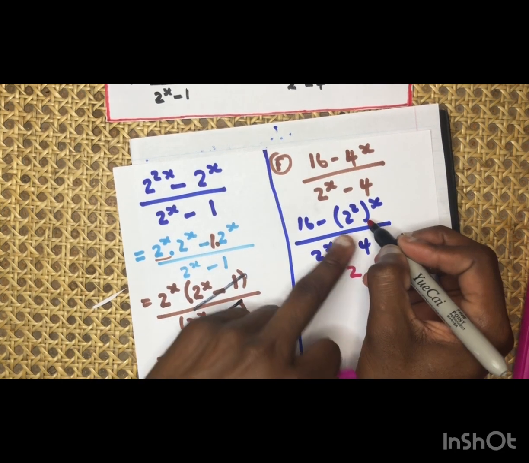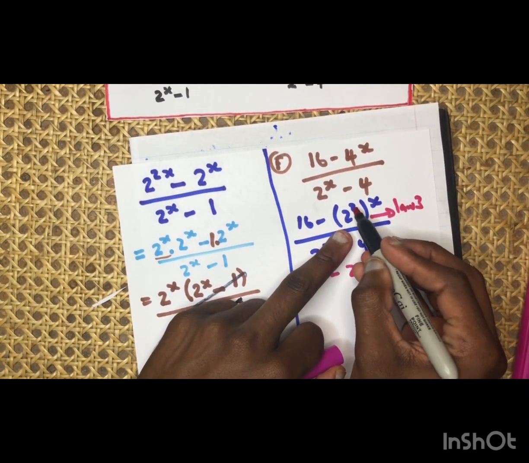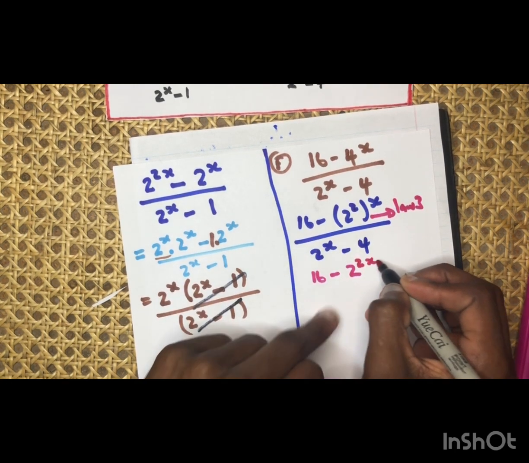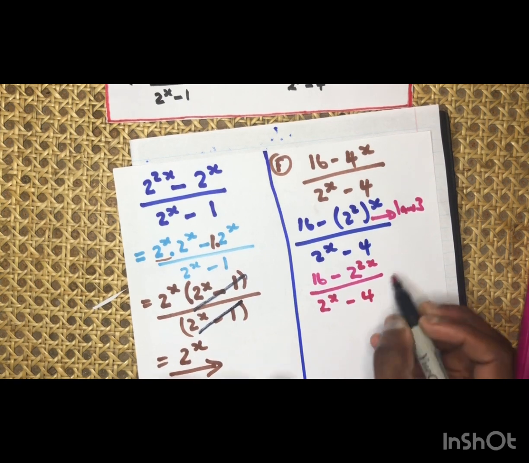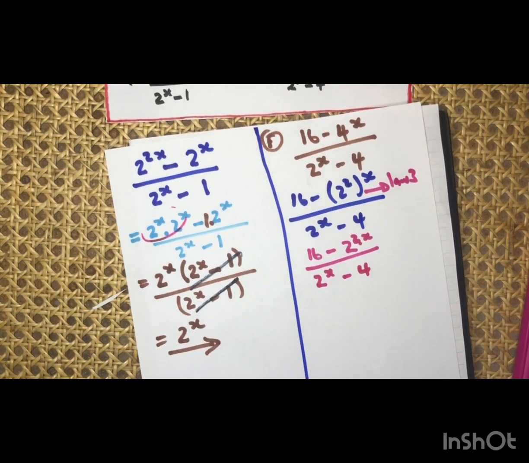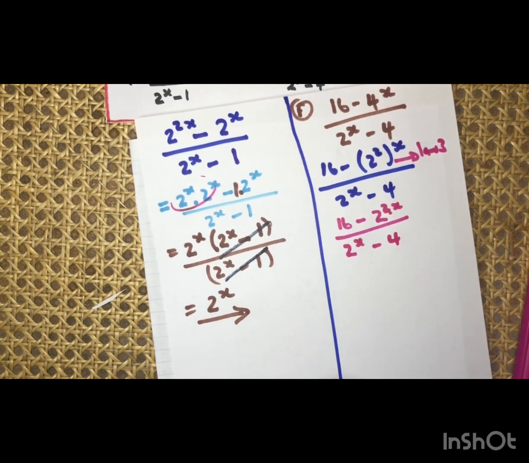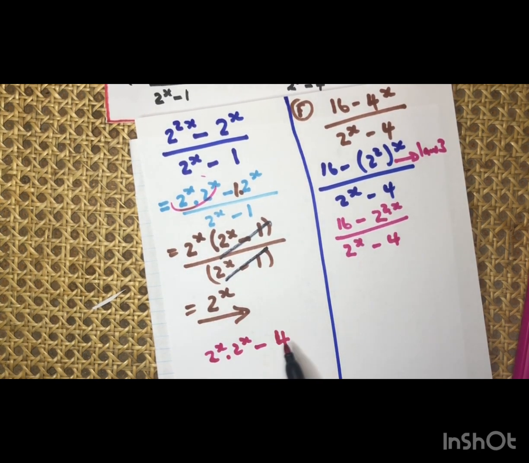Then which law I need to apply here? Yes, it's law number 3. So 2 times x is going to be 2x over 2 to the power x minus 4. Now, guys, this thing is the same as this one. Are we together? Remember, if I have 2x times 2x minus 4 here, there's no common factor.